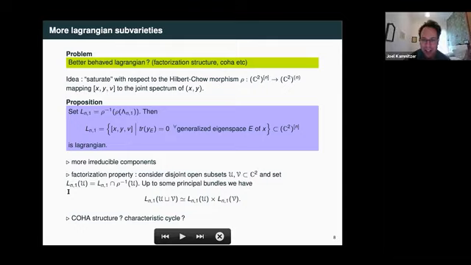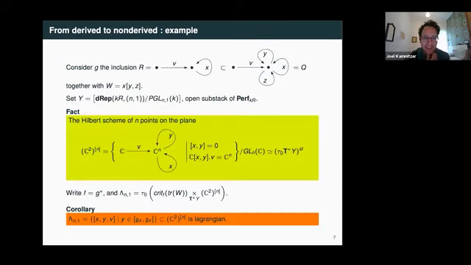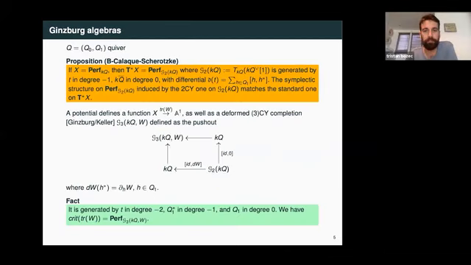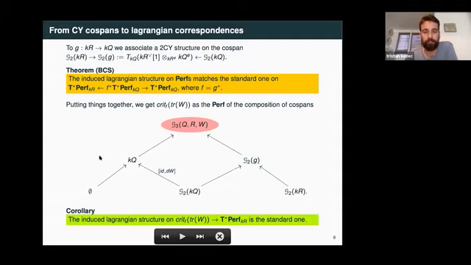In what generality are you constructing these new Lagrangians? I was a little confused what the exact generality was supposed to be. All right, so I said I got a Lagrangian structure, a Calabi Yau structure on this morphism here.